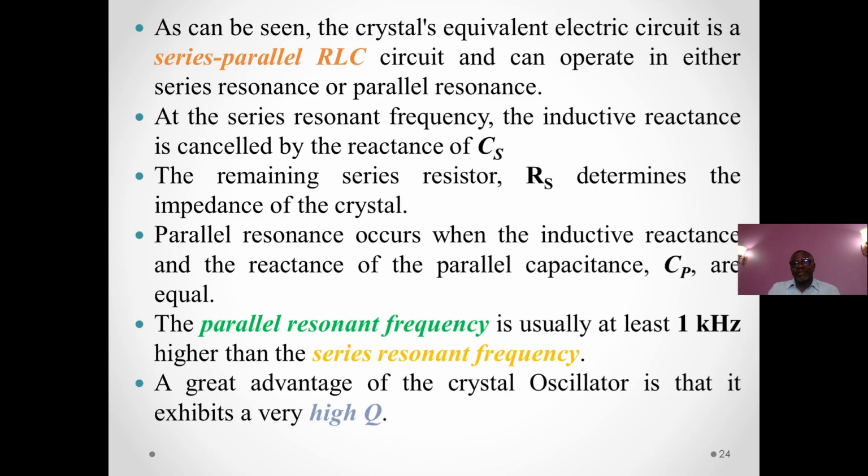The remaining series resistor, RS, determines the impedance of the crystal. The parallel resonance occurs when the inductive reactance and the reactance of the parallel capacitance CP are equal. The parallel resonance frequency is usually at least 1 kHz higher than the series resonance frequency.